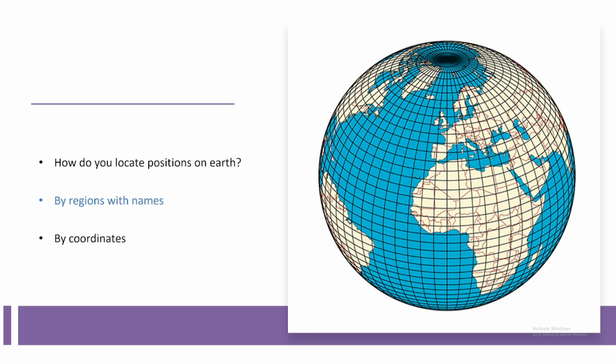But if that's not accurate enough, you can say, hey, I come from Washington, D.C. These names do not represent a single point, but a region or a collection of points. It's not the most accurate way to describe the location in the world, but for everyday purposes, that's enough. And we're going to talk about the second method later.